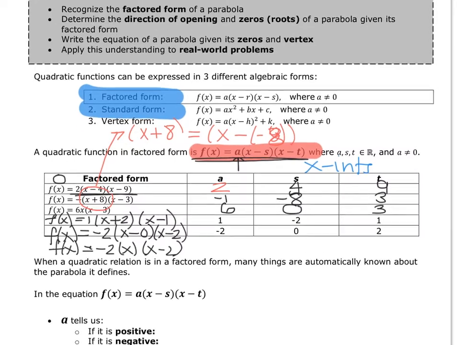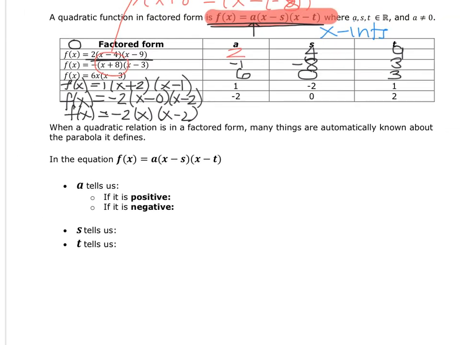Okay, so let's keep going down the sheet here. So we've got this equation. Here is one of the equations of a parabola, so factored form. So let's just remind ourselves of what each of the letters mean. We talked about S a lot, we've talked about T a lot, we haven't talked a lot about A. So let's talk about S for a second.